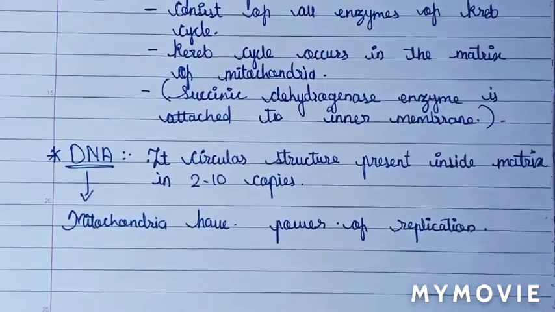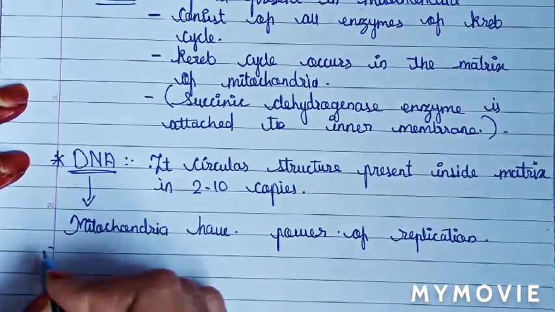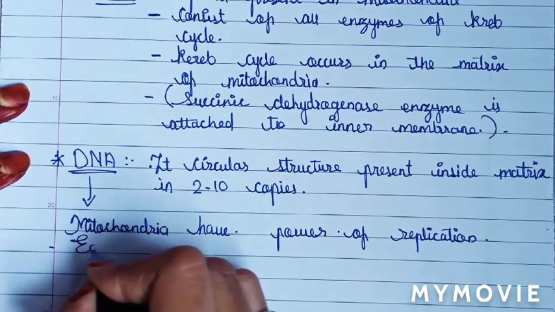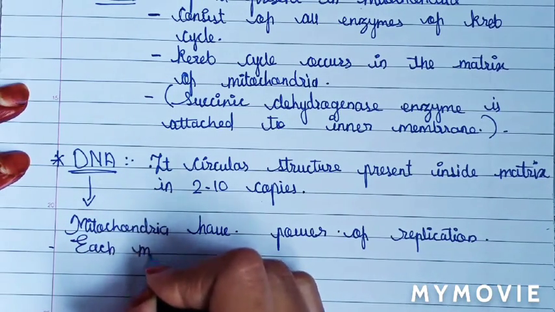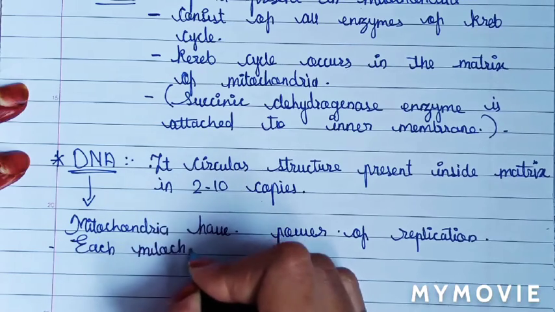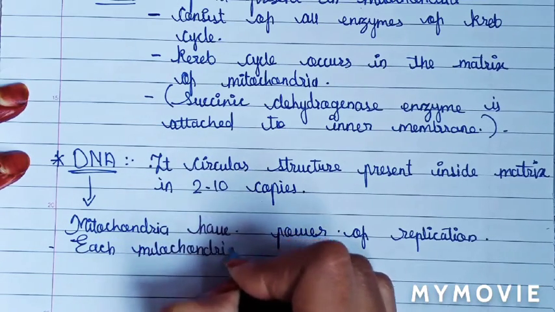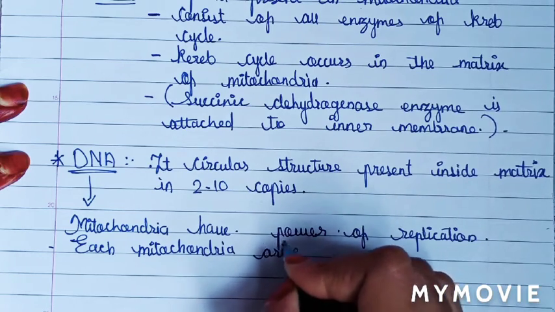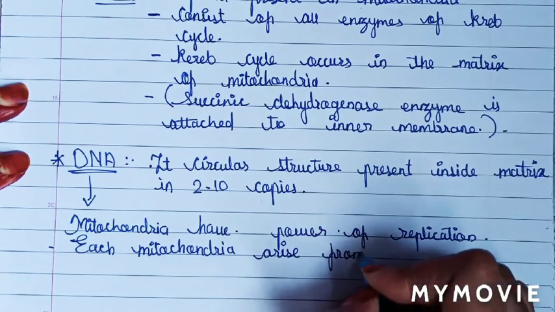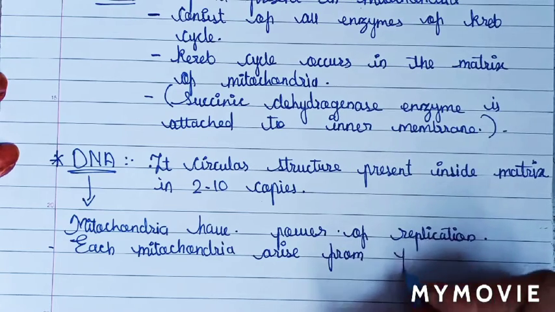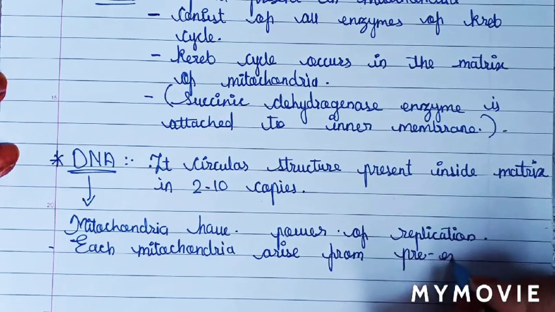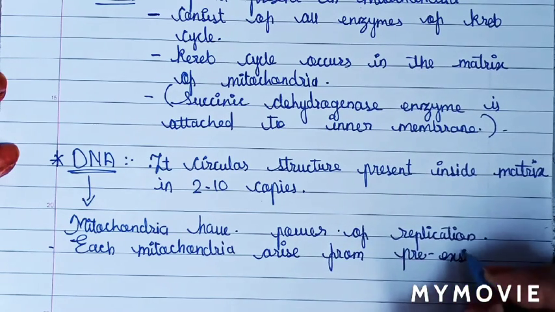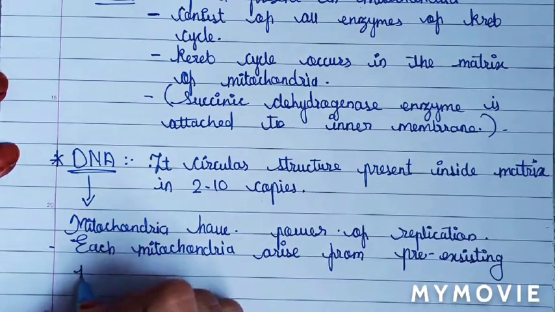So we will write here, each mitochondria arise from pre-existing mitochondria. Okay.